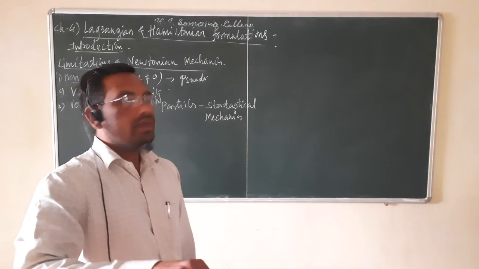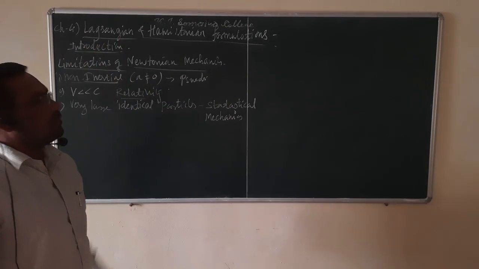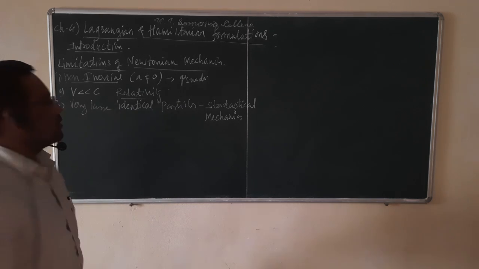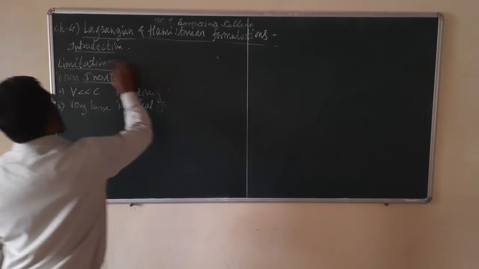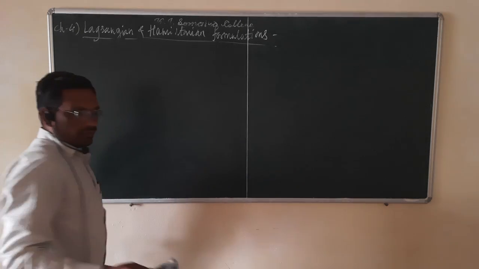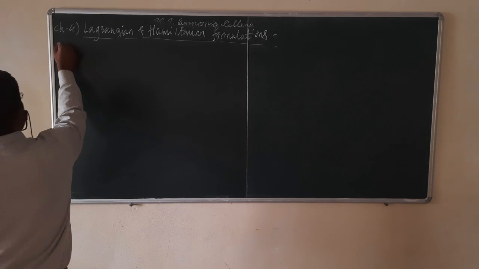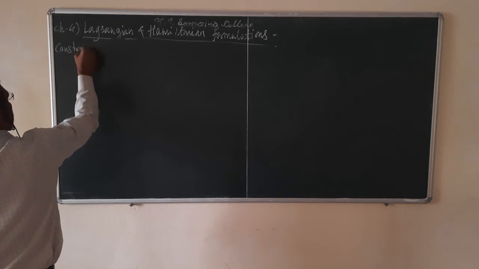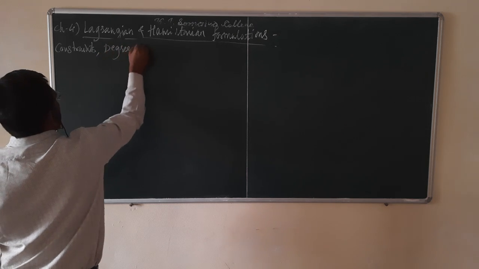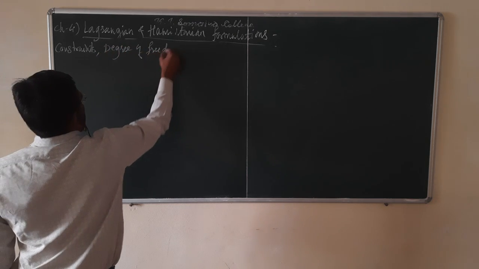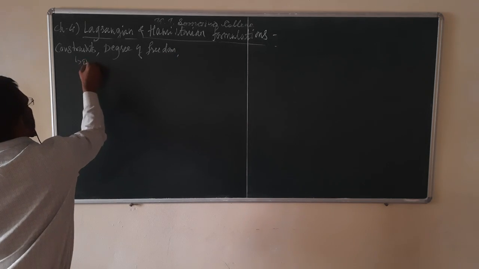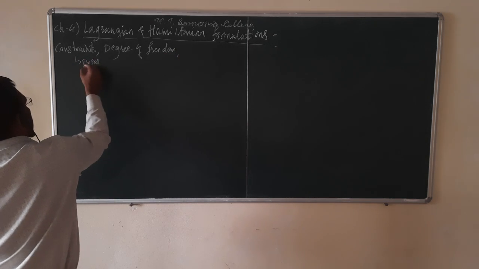Now we are moving to Lagrangian and Hamiltonian formulation. For this, there are very basic concepts we have to understand first. The first one is constraints, and its types.